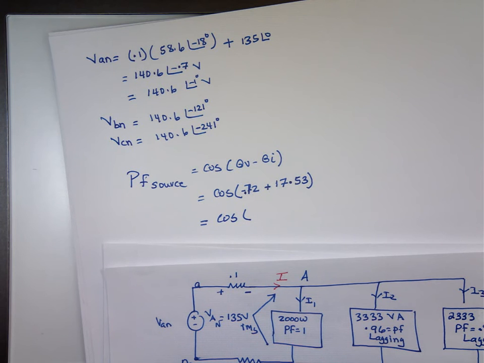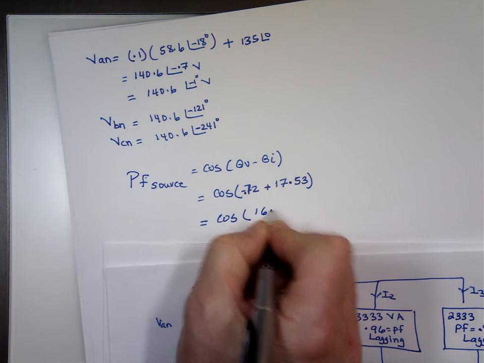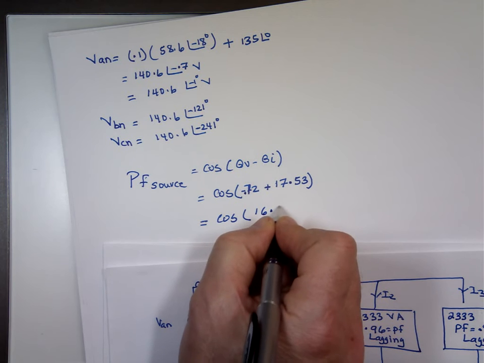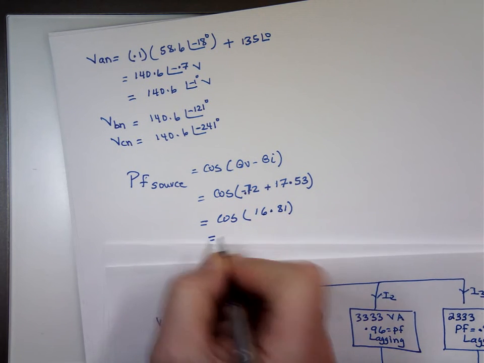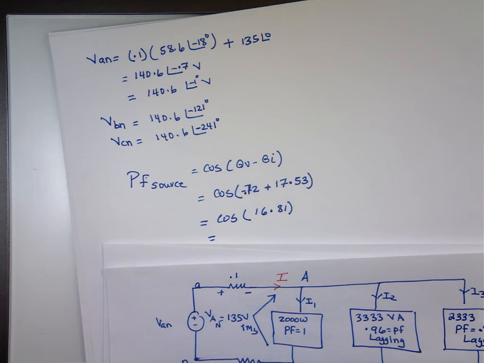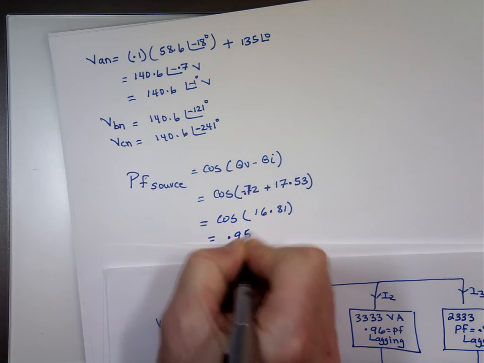17.53 minus 0.72 is 16.8. It really won't make a difference if I use 18 and 1. And what's the cosine of that? Cosine of 16.81 is 0.9597, and it's lagging.